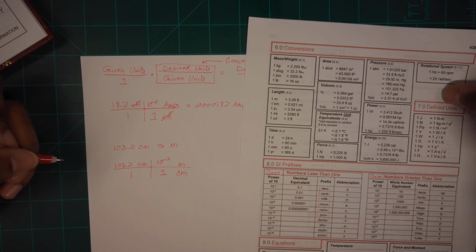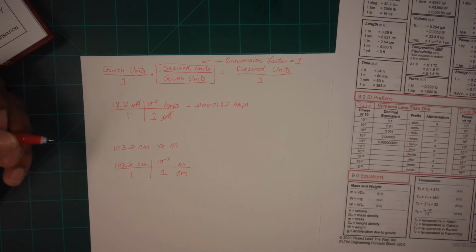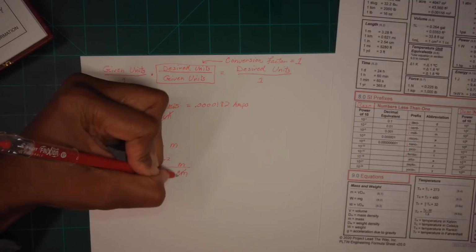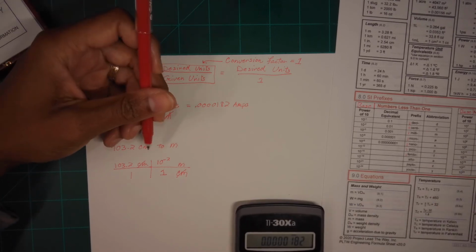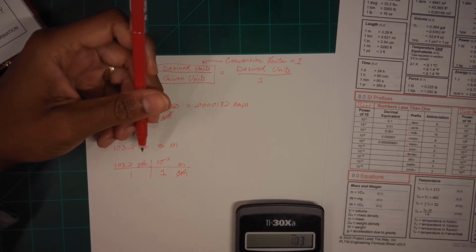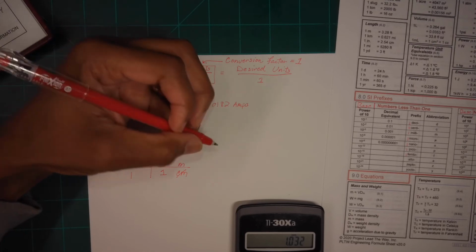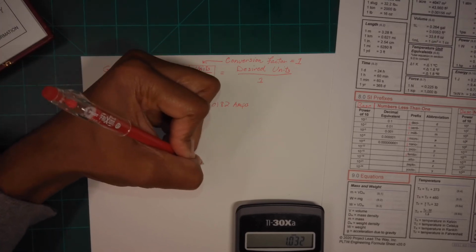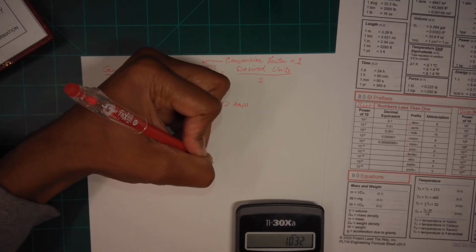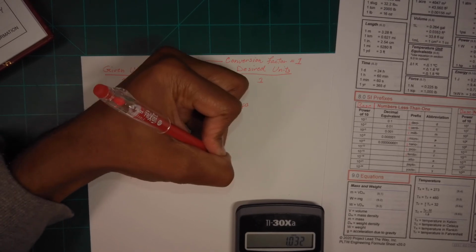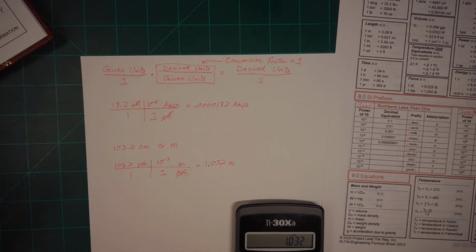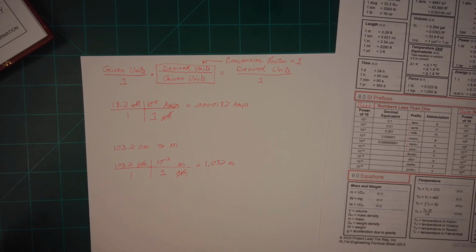Now that I have my conversion factor, I can do the math. Centimeters cancel out, and I multiply across: 103.2 times 0.01 meters gives us 1.032 meters.